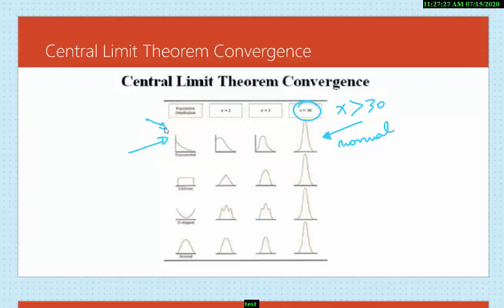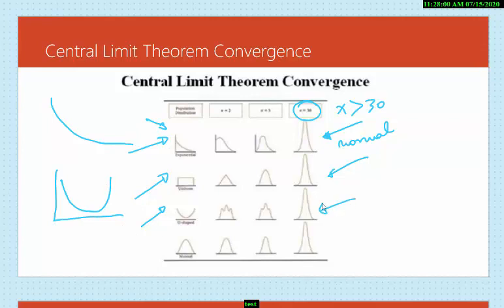We start with something that looks like that, and we get to something that is normal. The example that I gave you is something that looks like uniform, and I proved to you that it looks like normal, even with fewer x's. We had 16 there, we didn't have 30. And even if you start with something that has this strange shape, and it's possible to have this strange shape as a distribution, again, you're going to end up like normal.